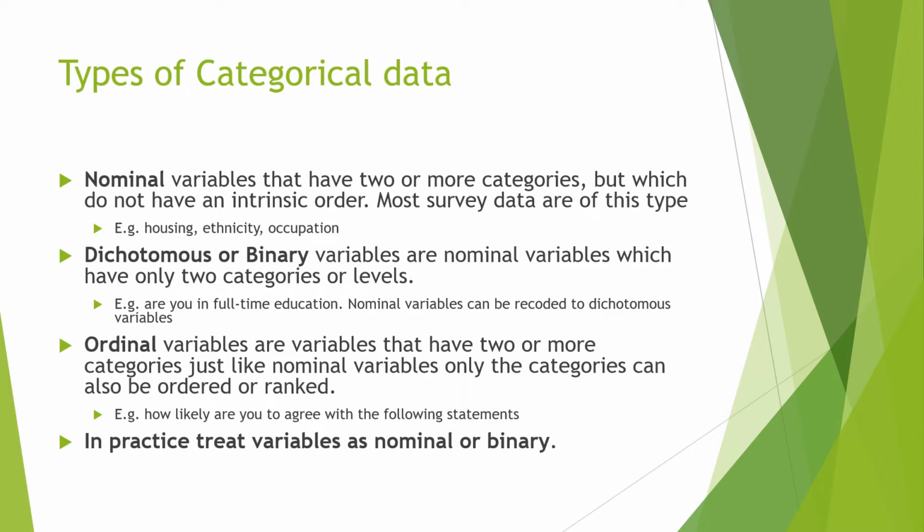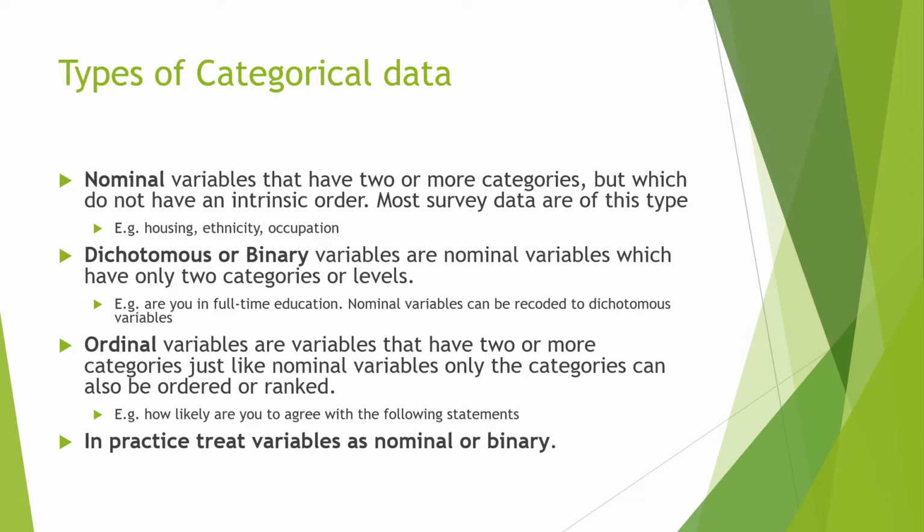So these are variables that have 2 or more categories. But what's important here is that there is no intrinsic order. So the numerical values that we give to each category have no meaning in themselves. So if we code something 1, 2, 3, 4, 5, we're not saying that 1 is lower or 5 is higher. So there's no intrinsic ordering to the numerical values.